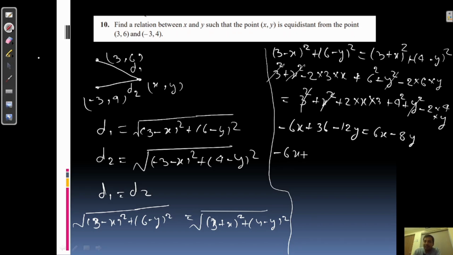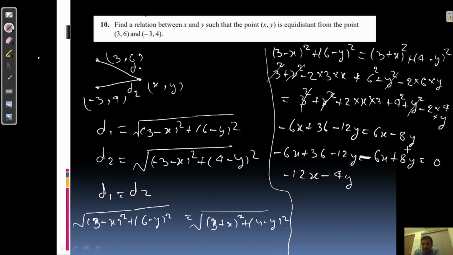So minus 6x plus 36 minus 12y, and the minus 6x will come here as plus 6x, plus minus 8y will come here as plus 8y, is equal to 0. Look, minus 6x minus 6x, it is minus 12x. Minus 12y plus 8y, it is minus 4y. 36, actually 36 is there.